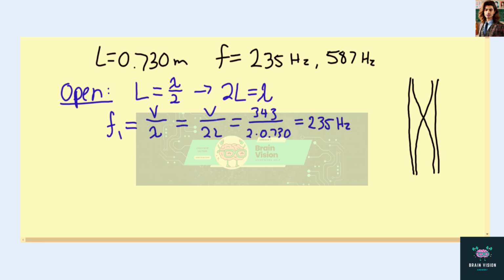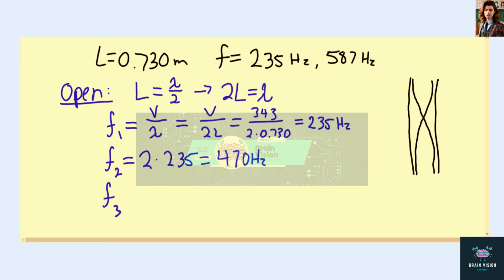So the next resonant frequency is going to be f2, and that'll be 2 times 235 hertz, which is equal to 470 hertz. Okay, so 587 could still be a natural frequency of this tube. It's higher than 470. We haven't passed it yet, so we'll go ahead and check the next one.